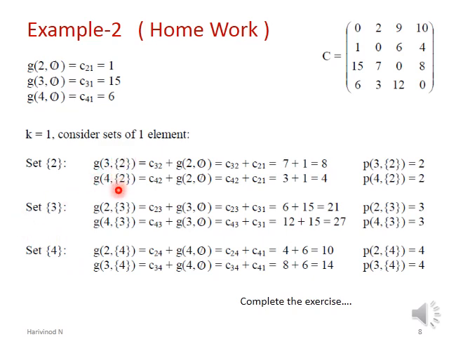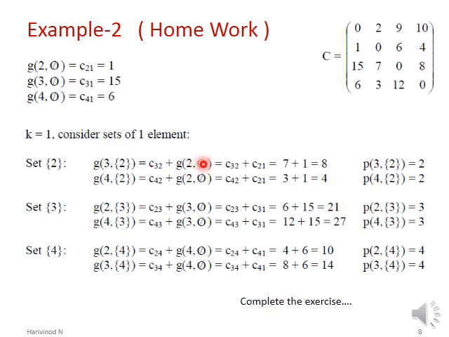If the set is node 2, of course the choices for starting are either from 3 or 4. So if you start from 3, this is nothing but C of 3 2 plus G of 2, phi, I mean 2 to 1 it is.